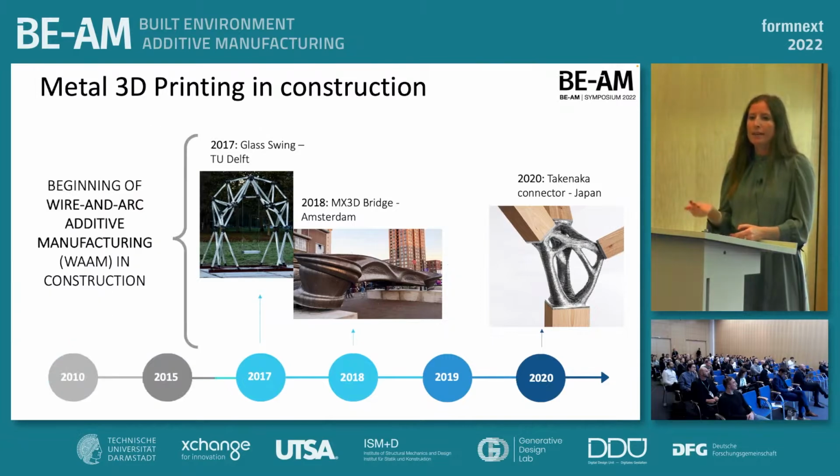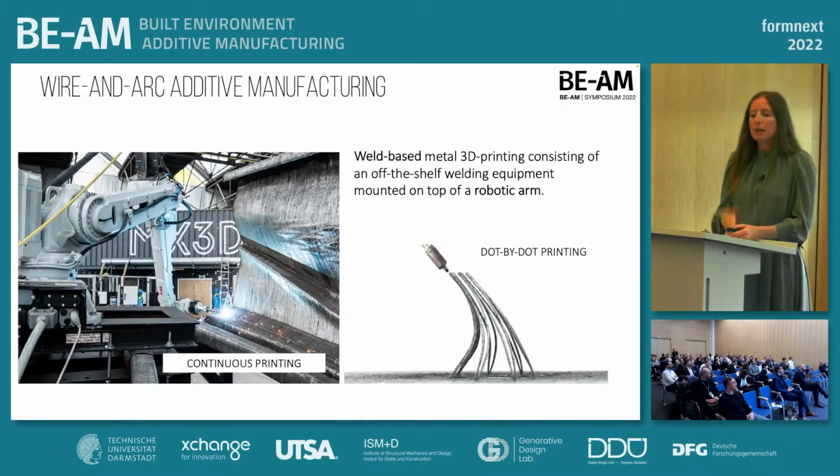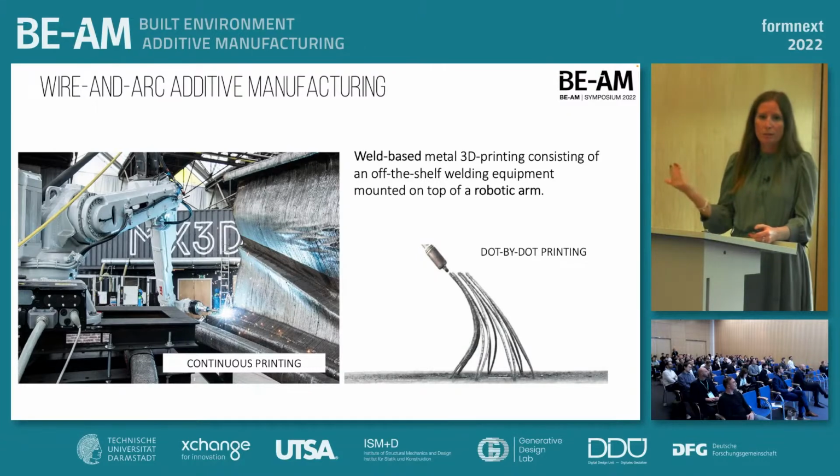But only over the last 5 years or so, there was the beginning of applying wire and arc additive manufacturing, so an arc-based direct energy deposition, to increase the scale of applications. As you probably already know, wire and arc additive manufacturing is a weld-based additive manufacturing technology. It makes use of off-the-shelf welding equipment mounted on top of a robotic arm, and it allows increasing the size of the printed element up to a few meters of height and several meters of length.